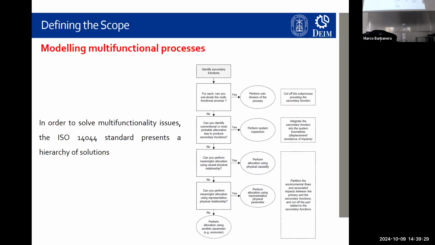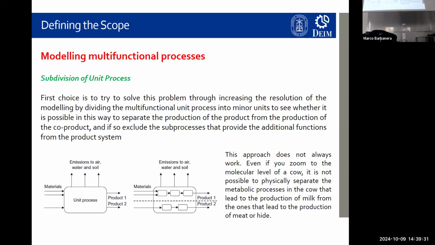The first way is to solve this kind of problem by trying to divide the unit process into several sub-unit processes in order to find which kind of materials, energy consumption, emissions are correlated with our main product.